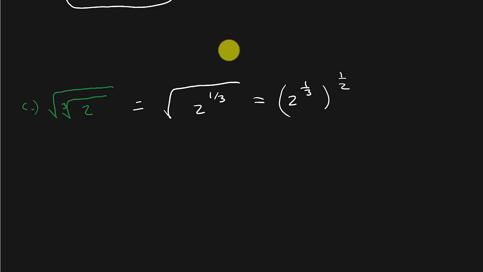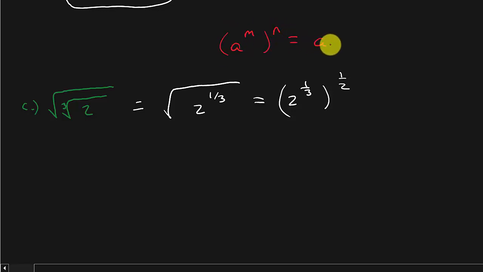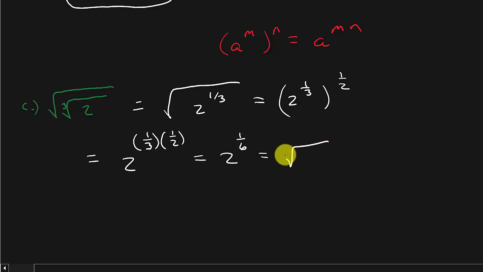And then remember we have that property that says a to the m raised to the n is a to the m times n. Well, that's 2 to the 1/3 times 1/2, which is 2 to the 1/6. All right. And then I just convert that back to radical form, so I get the 6th root of 2.